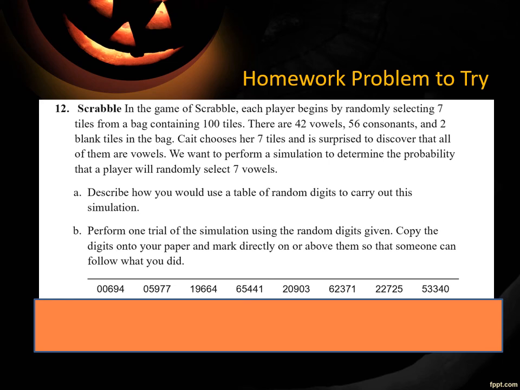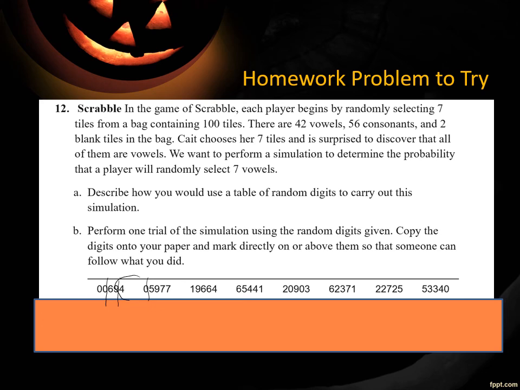Perform one trial of the simulation using the random digits given. Copy the digits onto your paper and mark directly on or above them so that someone can follow what you did. The great thing about this is all numbers are in use, so there aren't any that aren't in range. So I'm going to look over every 2 numbers, and I'm looking for my vowels. So 00, 69, 40.